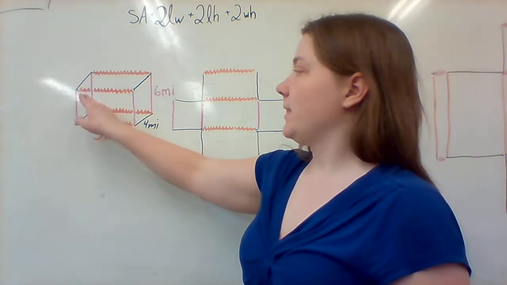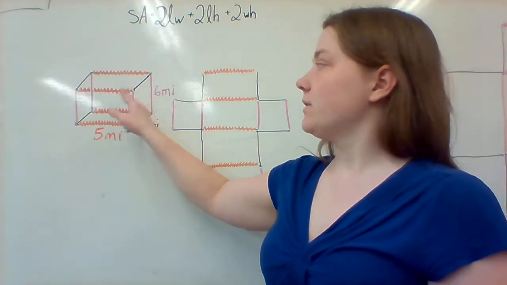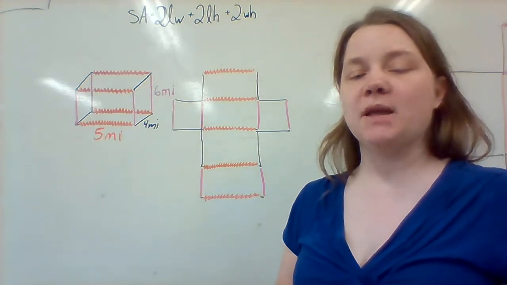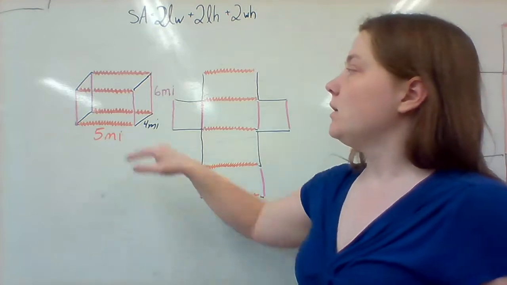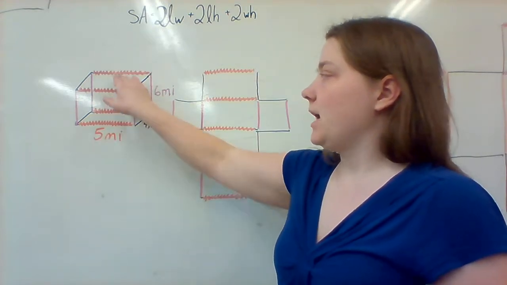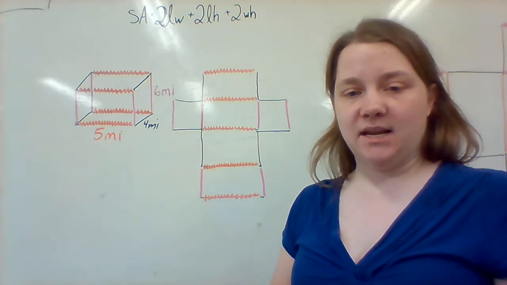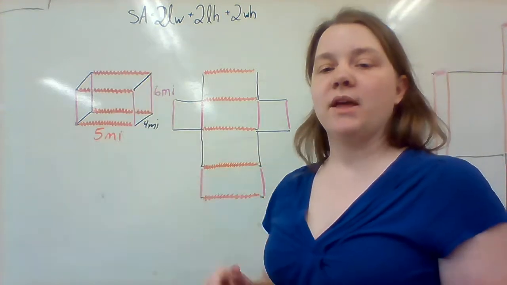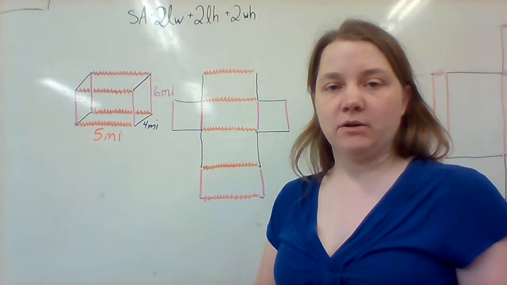So we have the side and the other side, and both of these sides are the same dimension. They both have the same area. We have the top and the bottom, and the top and the bottom both have the same area. And then we have the front and the back, and the front and the back both have the same area.